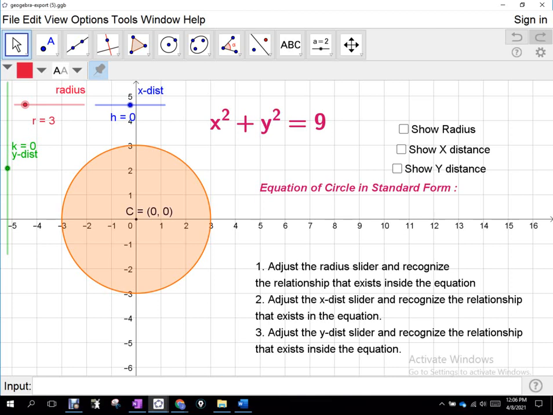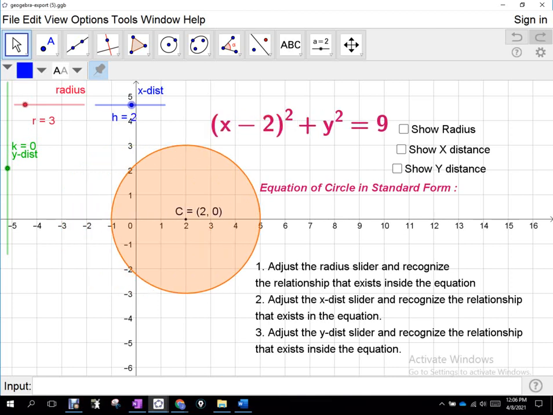But now if I want to move that, let's just move it left and right. Let's move it right first. If I move it to the right 2 units, and I center it now at 2, 0, that distance of 2, because it was along the x-axis, gets put with the x variable. Because I move it to the right, it's a transformation.